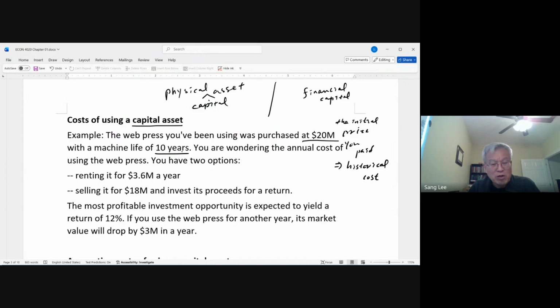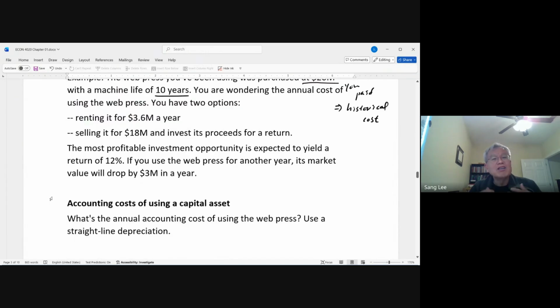So we're going to compare accounting cost and opportunity cost. To make the story a little more realistic, we added some additional pieces of information. So if you stop using the web press machine for another year, then what other options do you have?